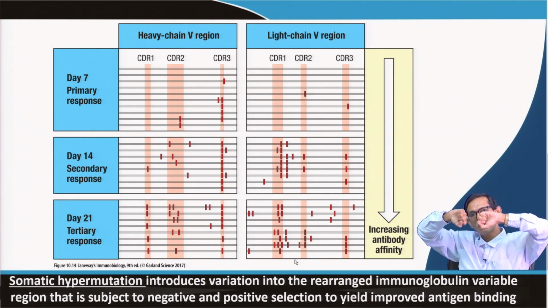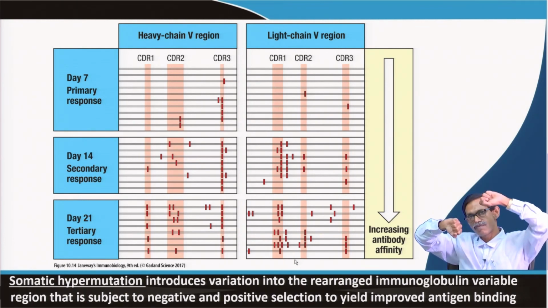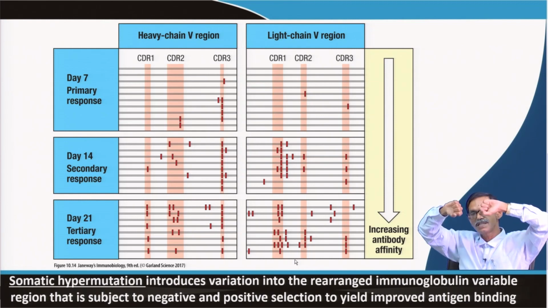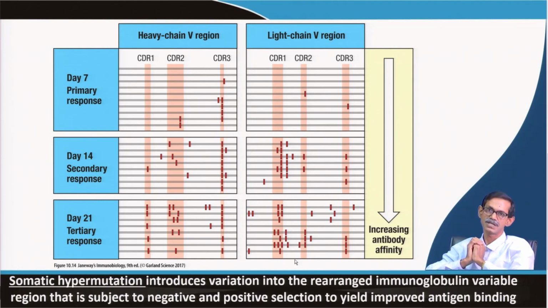But suppose there are 4 negative charges here and 3 positive charges here, equally placed. Then the interaction with 4 will be much better. Just one amino acid change in the same way can increase the affinity or the interaction power.